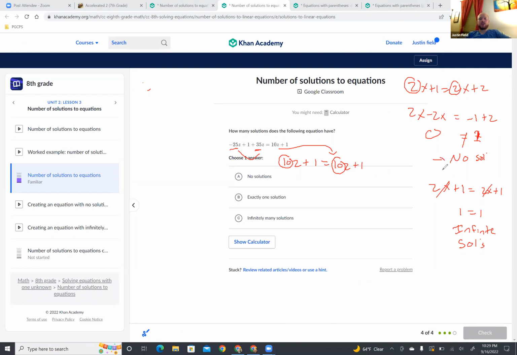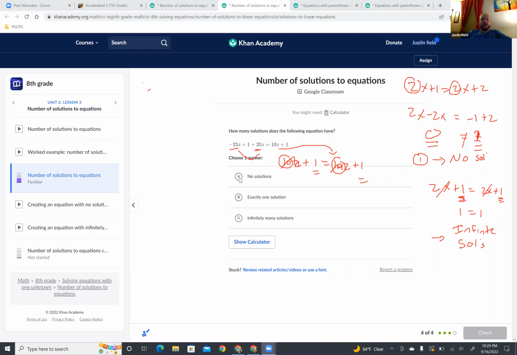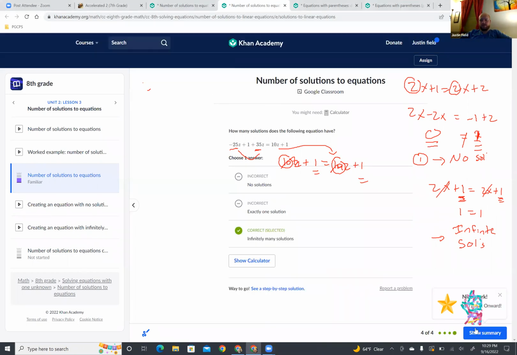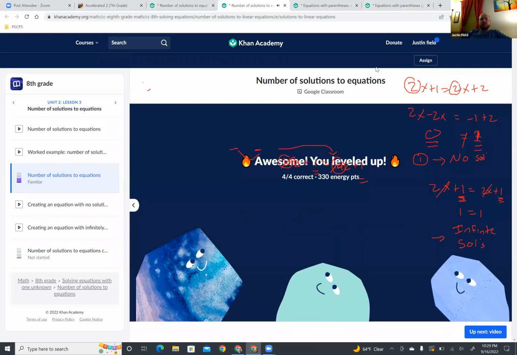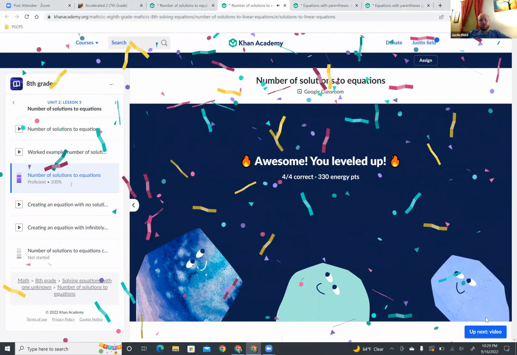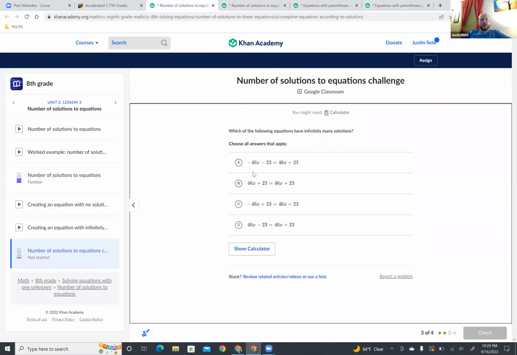So that means if the coefficients are the same, we're going to have either no solutions if the constant terms are different, and infinite solutions if the constant terms are the same. So I see same variables, so I cross those out, and then we see same constant terms. Same, infinite. Same, different, no solution.